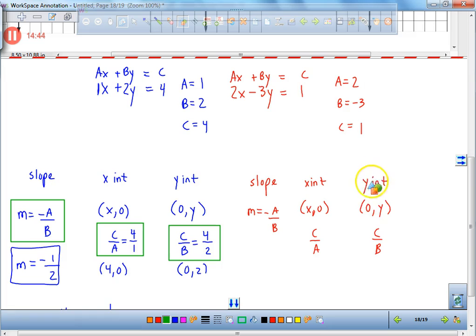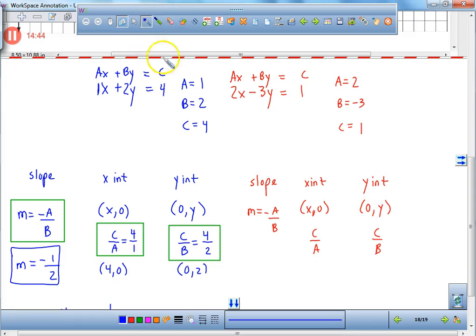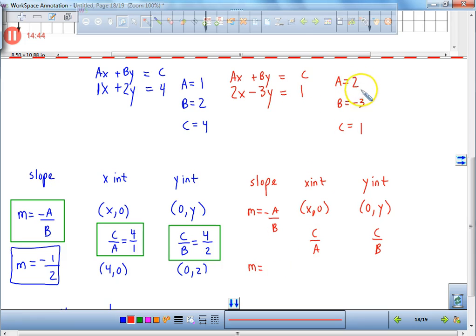It can even solve more complicated ones. So we're going to go to red and see if you can figure out the red. Pause the video, and see if you can find the x-intercept, the y-intercept, and the slope for the red graph, okay? Here's my A, here's my B, here's my C. Go ahead and try that right now.